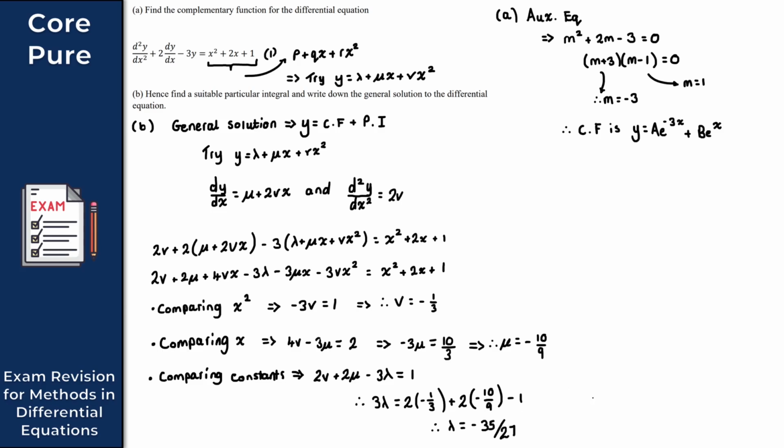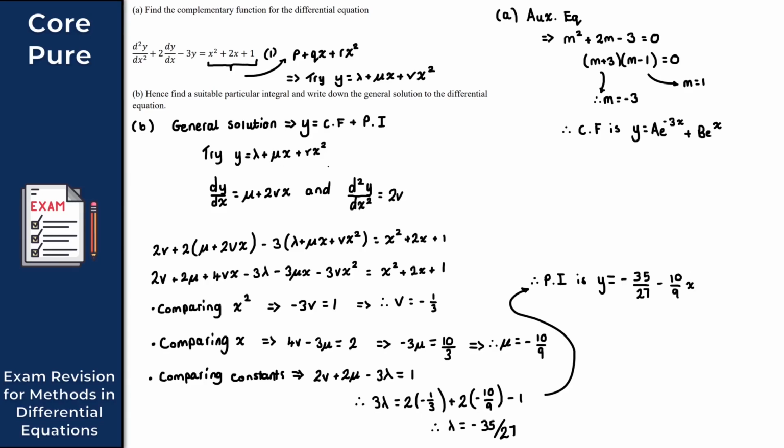In that case, our particular integral, y, is equal to, so lambda is minus 35 over 27, plus mu x, where mu is minus 10 over 9, so minus 10 over 9 x.